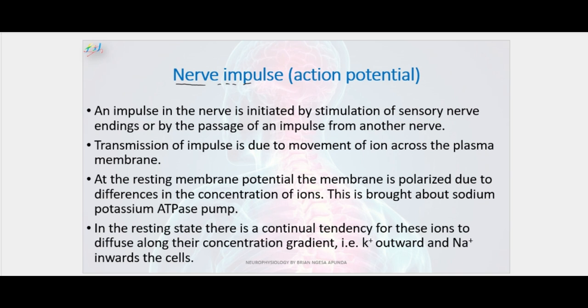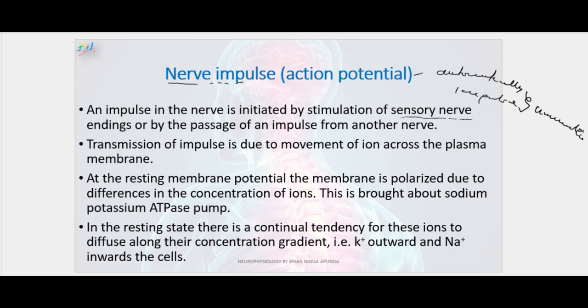But not all information will be initiated in the sensory area. Sometimes the brain or the CNS can automatically generate some impulses. These impulses are possibly unwanted and uncoordinated.